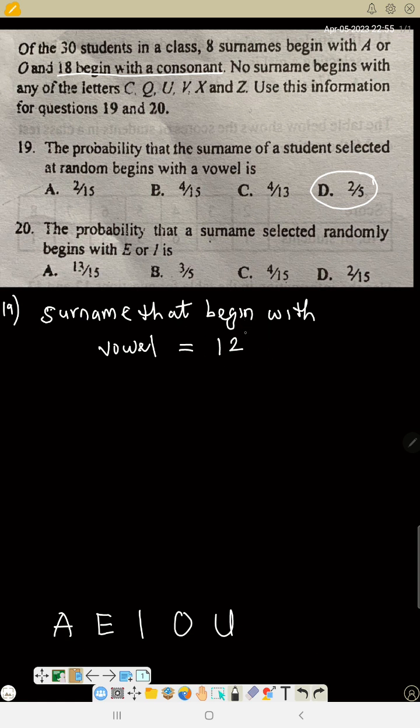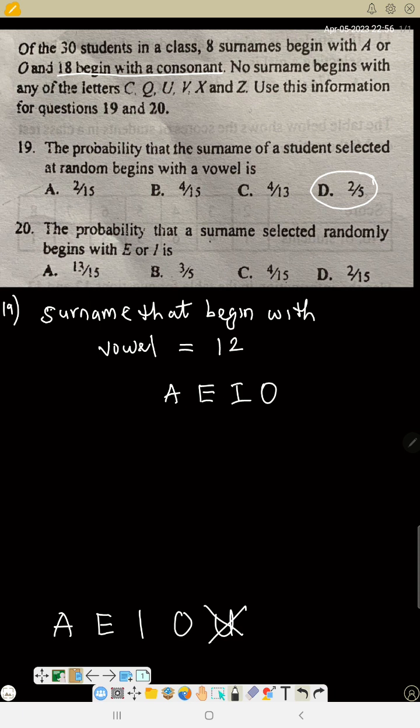Out of these 12, there is no surname that begins with U, meaning U is not part. So what I have in this vowel group are surnames that begin with either A, E, I or O. So U will not be part.